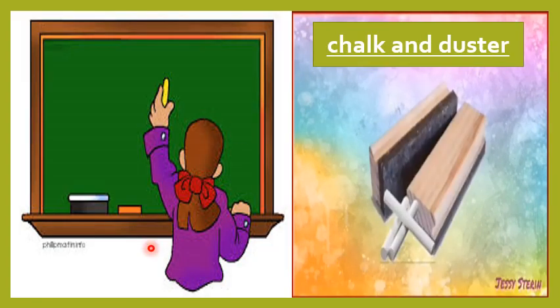Now, you must have seen when the teacher writes on the board, she writes with chalk and then how does she rub it? Yes, correct. She uses a duster. So, chalk and duster is also a word pair.